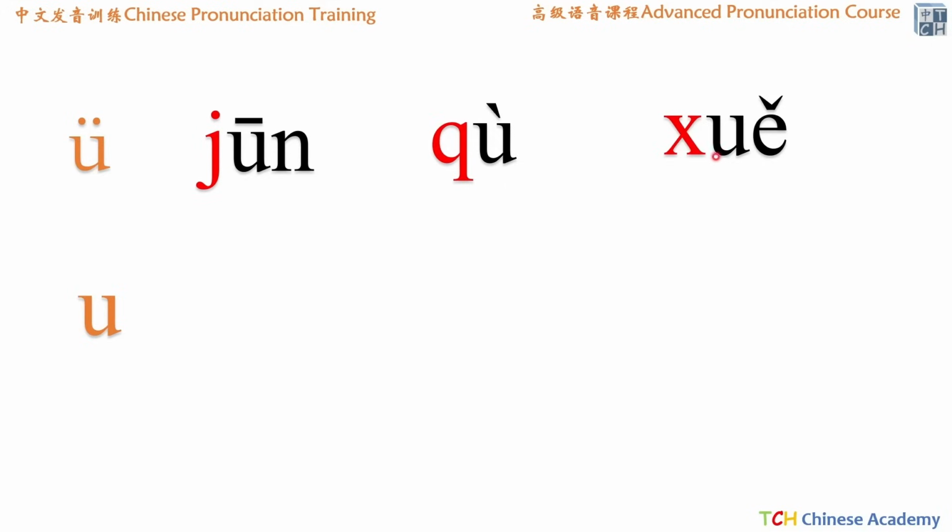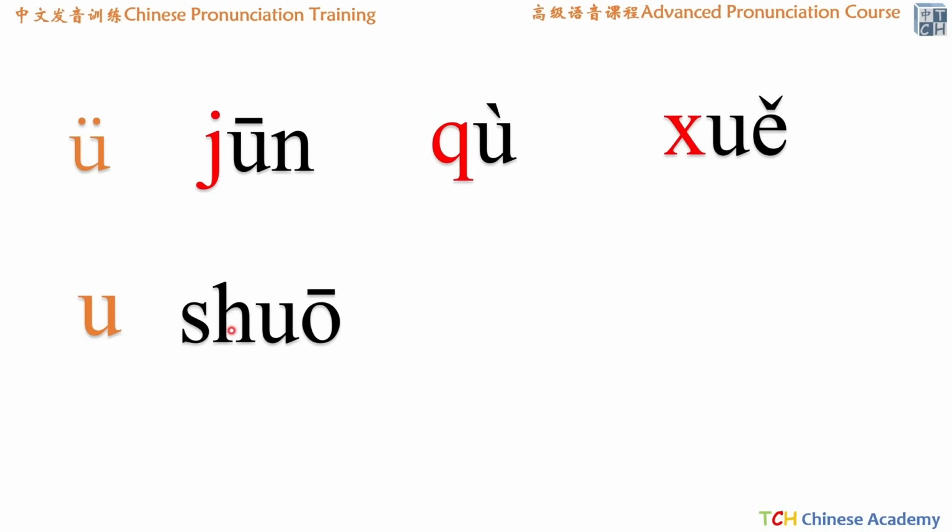So xi, yue, xue, snow. So it's j, yun, jun, q, yu, qu, and x, yue, xue. As we all know, there are other initials than j, q, x. Then how about the other initials?